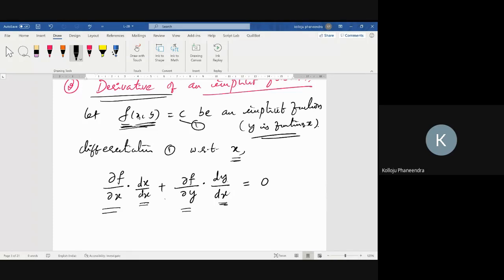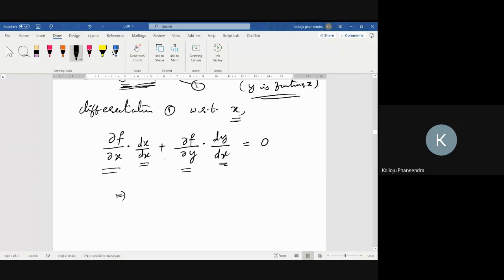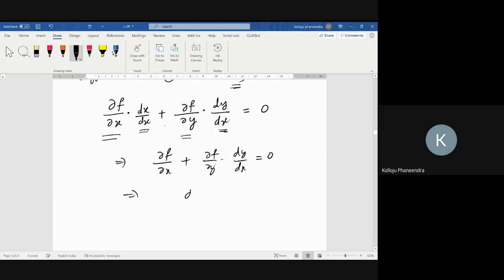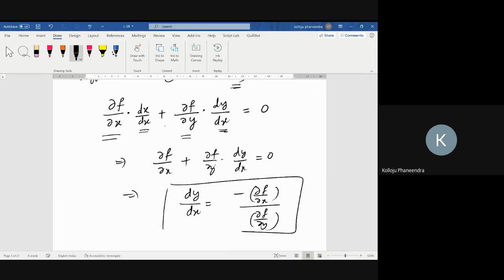From this, what I'm getting: dx/dx value 1, ∂f/∂x, plus ∂f/∂y into dy/dx equal to 0. That is equal to, what is the expression for the first derivative? dy/dx = −(∂f/∂x)/(∂f/∂y). You have to remember this one. What is this one? Slope of the curve for an implicit function, simply called.